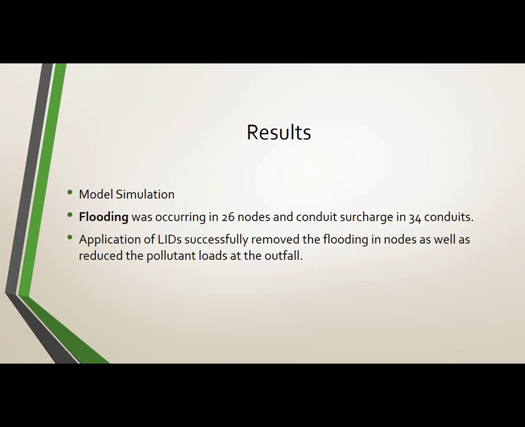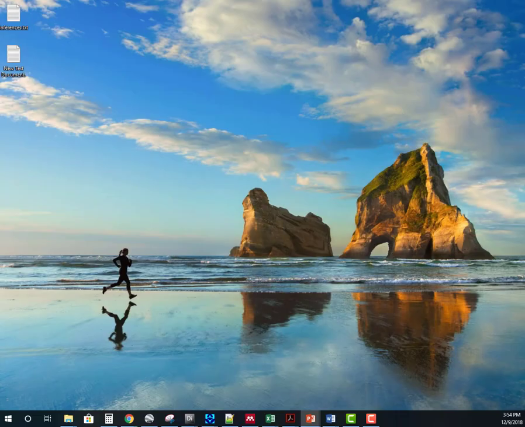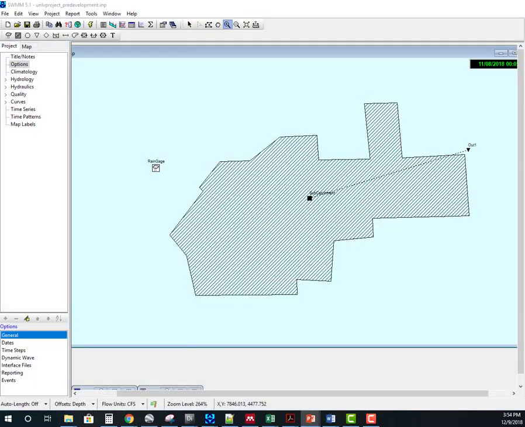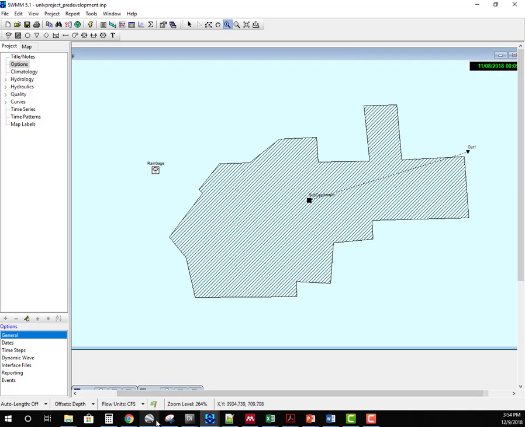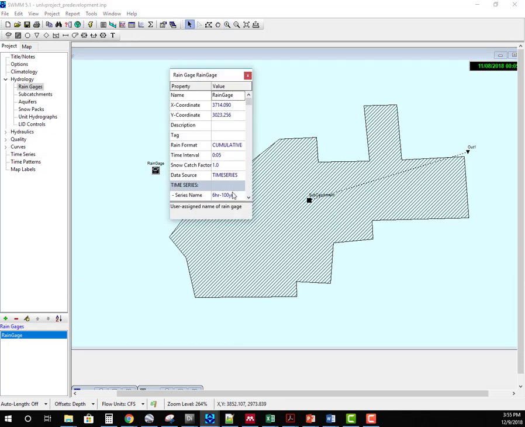Let me minimize and then open up my model for the existing pre-development condition. This is the total area that we are analyzing, as we saw, and this is the pre-developed condition, which means the whole area is drained towards the outlet, and this is the rain gauge which has different rainfall.